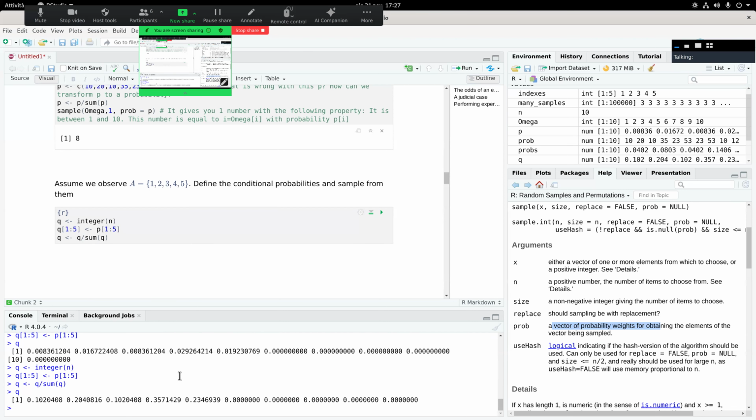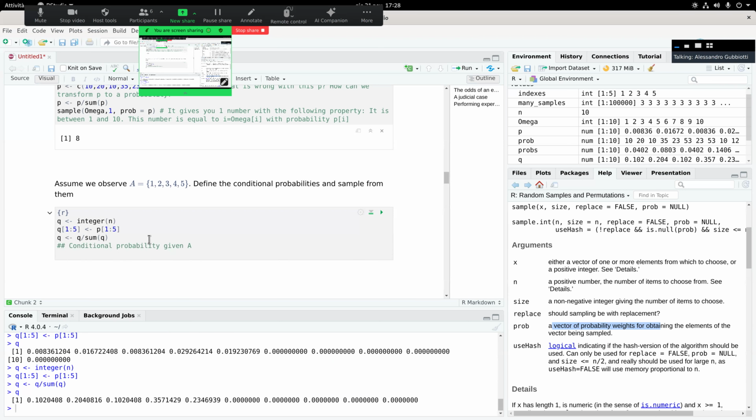So this is a perfectly legit probability, which assigns 0 to the elements outside A. And this is the conditional probability given A. And we can sample from it.